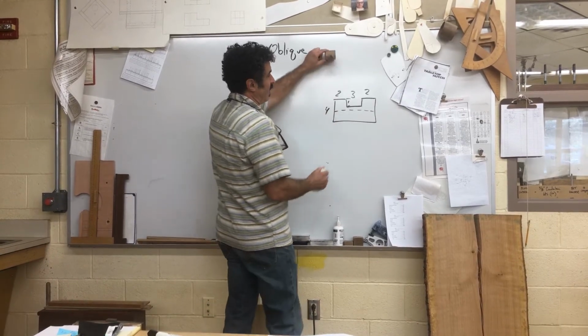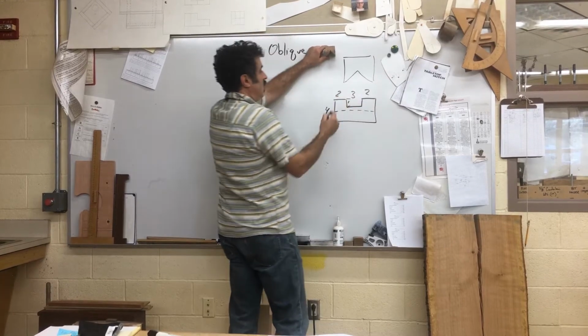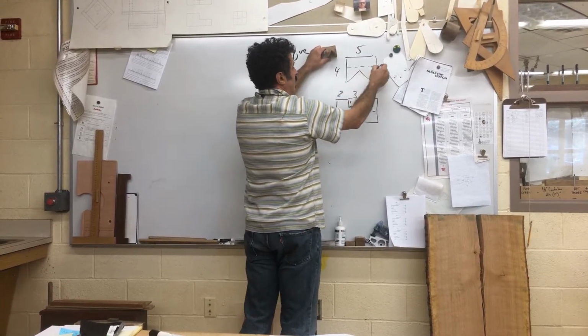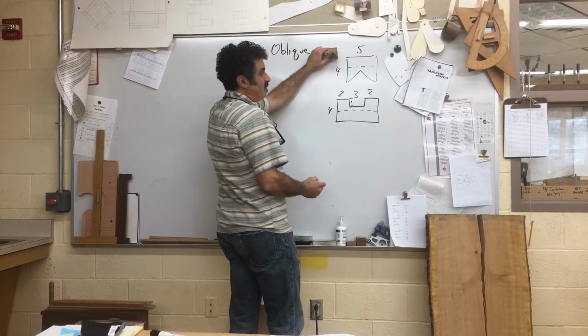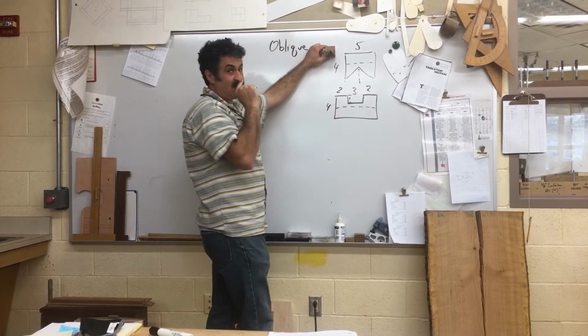And then this view here in class we did 4, 5, right? And this was dead center, so 2.5.